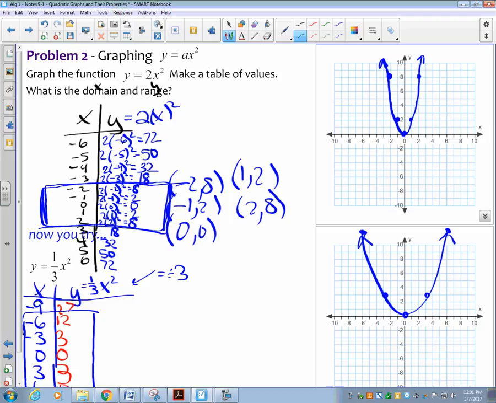So is there any restriction on what we can put in for x? Are there any square roots that can have a negative inside of it, or any fractions with x on the bottom? Are those 2 situations here? No, do I have any fractions where x is on the bottom?